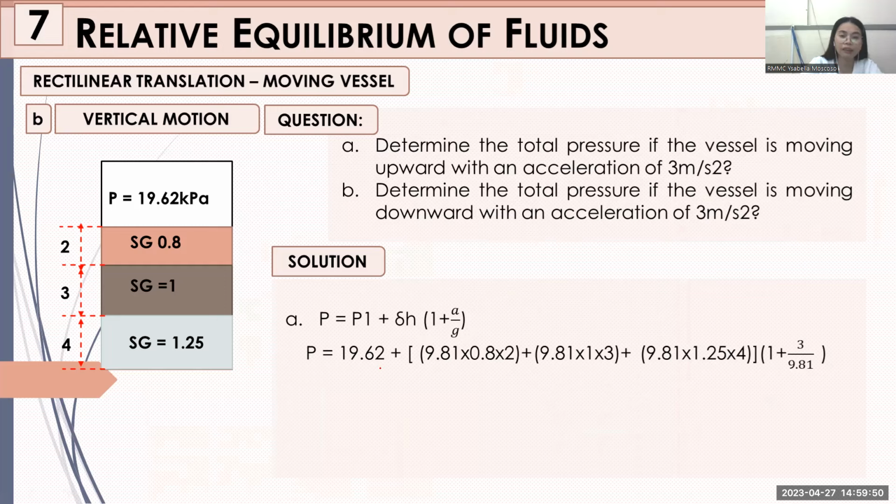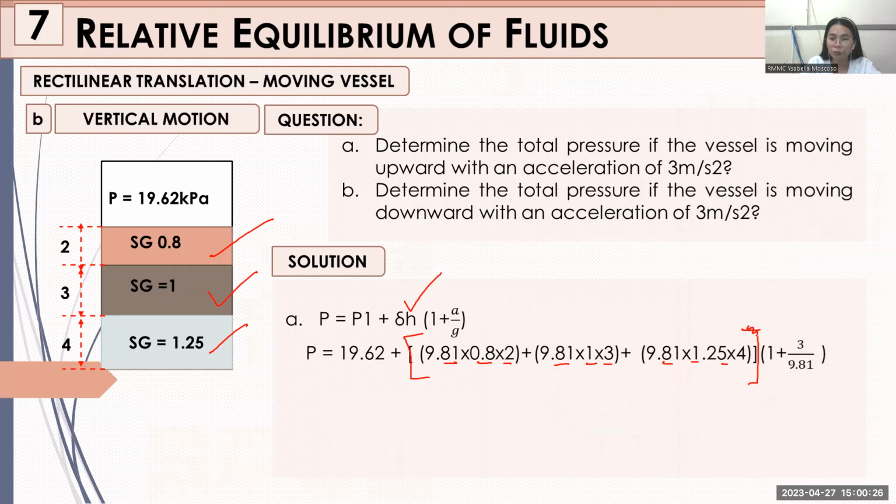That is 19.62 times gamma H. Gamma H tayo. First is this one: 9.81 times 0.8 times 2. 9.81 times 1 times 3. Ito yon, 9.81 times 1.25 times 4. Okay, that is your gamma H. At huwag niyong kakalimutan yung bracket natin dito before your acceleration. Kasi normally, sobrang dali lang ng vertical motion. Ang problema lang kung mali yung pagkakalculate ninyo.